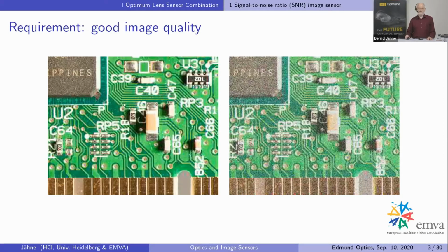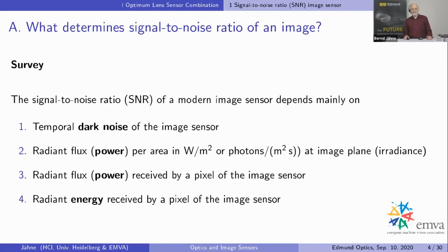To get a feeling for that, I started a first survey, which Boris Lange was already mentioning, on the question of which parameter the signal to noise ratio of a modern image sensor really depends on. I have four answers for you, which you can select. The first: is it the temporal dark noise of the image sensor?